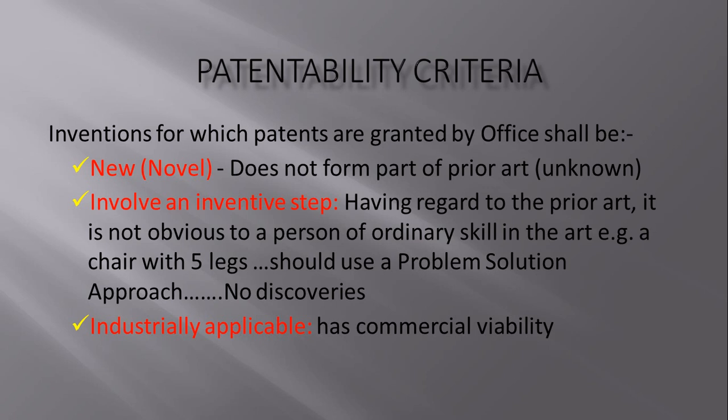So these are the criteria, or these are the key issues that are considered before you think of filing for patent protection. Make the necessary consultations, engage the necessary skilled people to check if this is novel, if this is inventive, if this is industrially applicable.